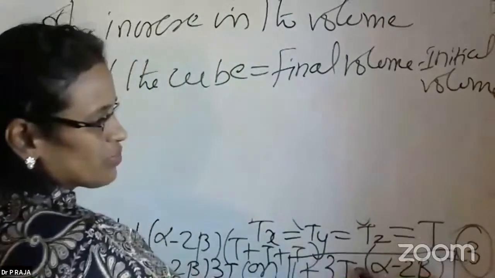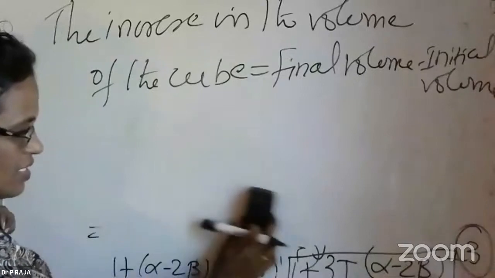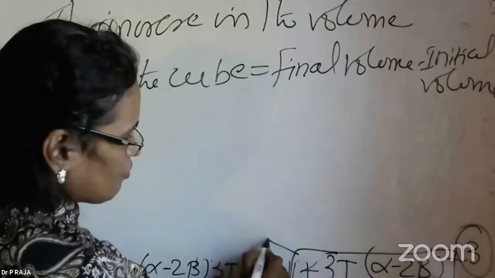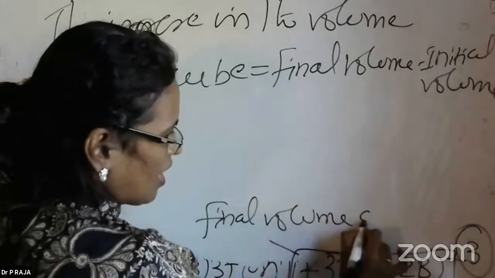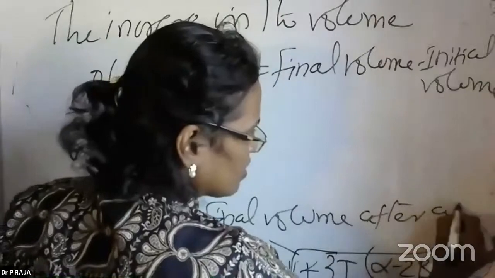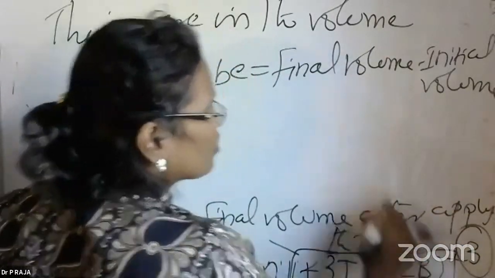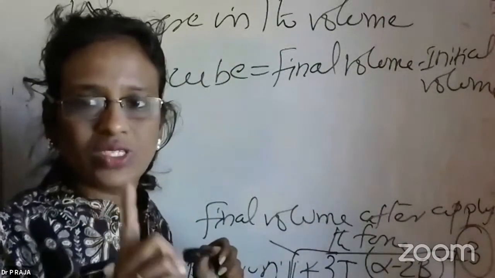What we have found in equation 3 is the final volume after the stress is applied, isn't it? So this is the final volume after applying the force. What is our initial volume? It is a unit cube, so it is 1.